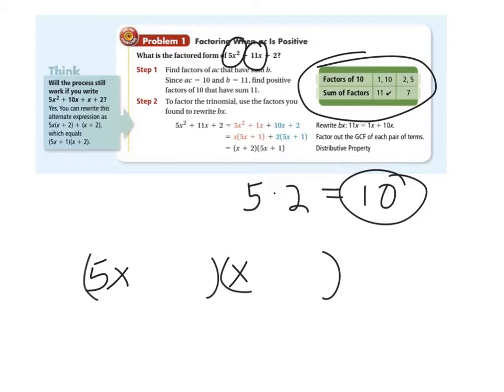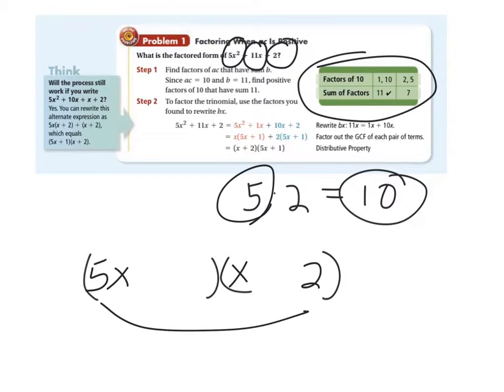Well, I know that I can take factors of 2 to multiply with the factors of 5 to get my 10. In other words, 5 times the 2 is 10, and 1 times the 1 is the 1. That's how I'm going to yield 5 times 2 to get 10, and 1 times 1 to get 1. Add them together to get the 11.